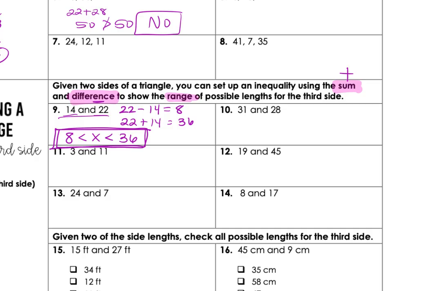What's your range? Between what and what? 17 and 31. So if you subtract them, you get 17. And if you add them, you get 31.